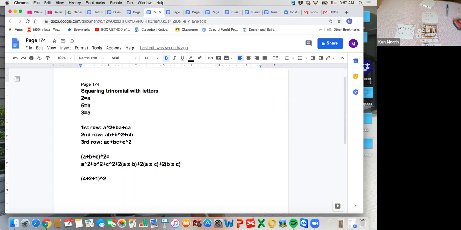All right, and once you have this formula, you don't have to go and do all this work with the layout to figure it out. You can just plug into this formula and, you know, you would assign values. So you would say, I don't know, A is equal to 4, B is equal to 2, C is equal to 1.